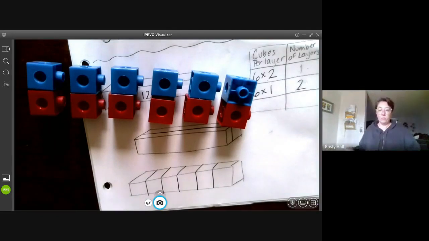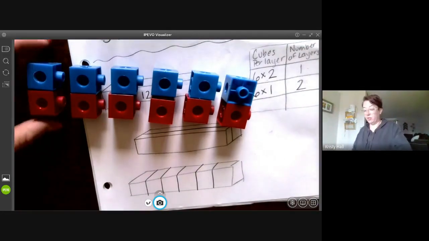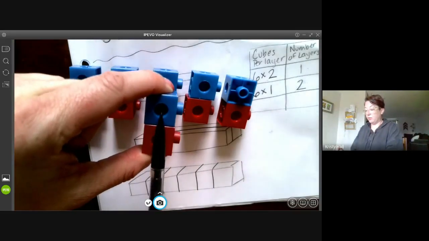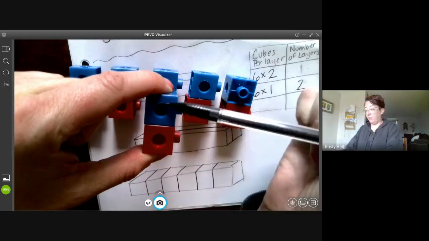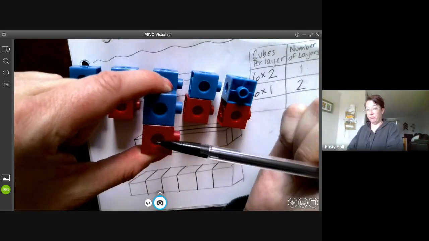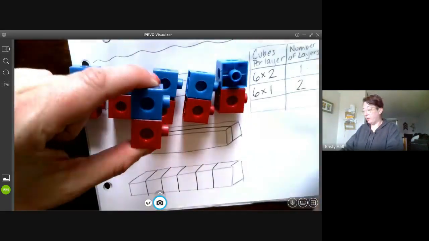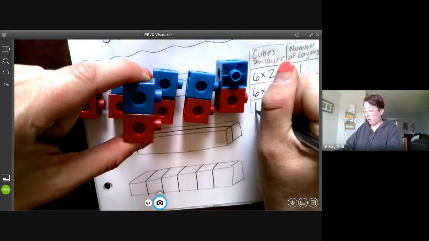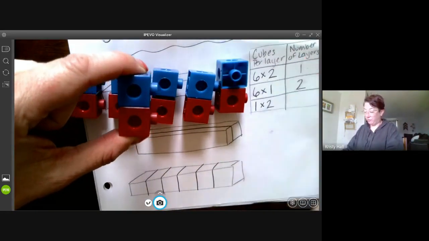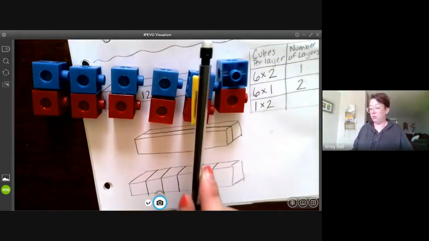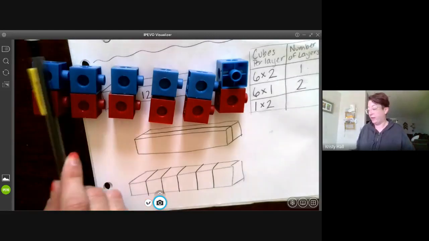Okay. So now we're going to look at how many are in each layer. So let's just look at one of the layers here. I'm going to count how many across. So across, there's only 1. And how many down? There are 2. So my multiplication expression for the number of cubes per layer is 1 times 2. But how many layers did I have? 1, 2, 3, 4, 5, 6.